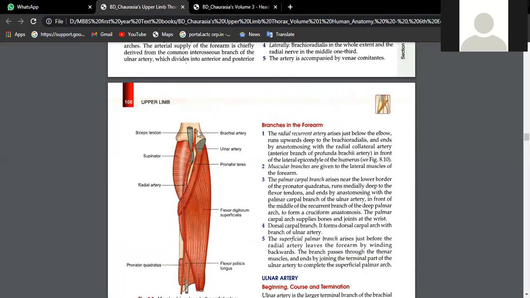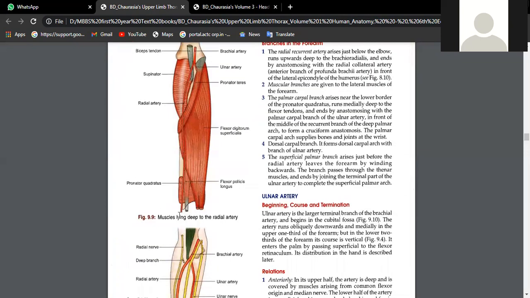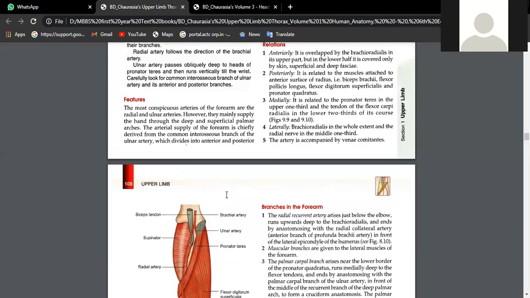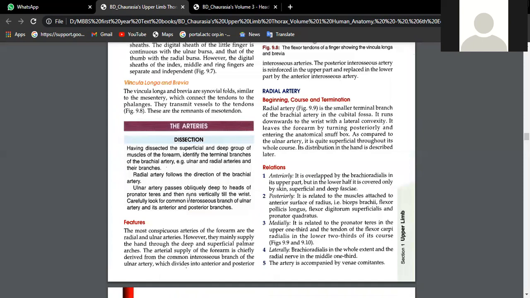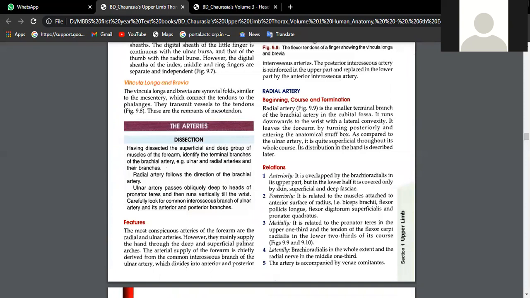You see here, this is the brachial artery, and you can see it running over the supinator muscle, the pronator teres, then flexor digitorum superficialis, running over pronator quadratus between flexor pollicis longus and the pronator quadratus. Finally, it enters the anatomical snuff box, and then the palm, dividing into superficial and deep branches, leading to the formation of the superficial and deep palmar arches.